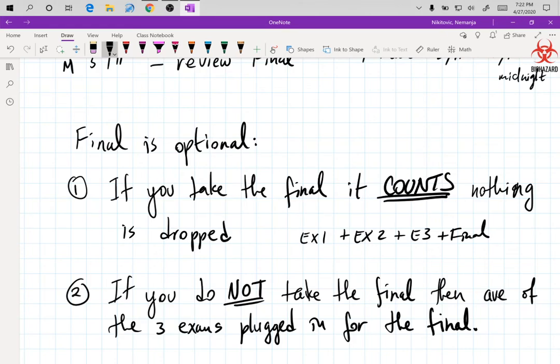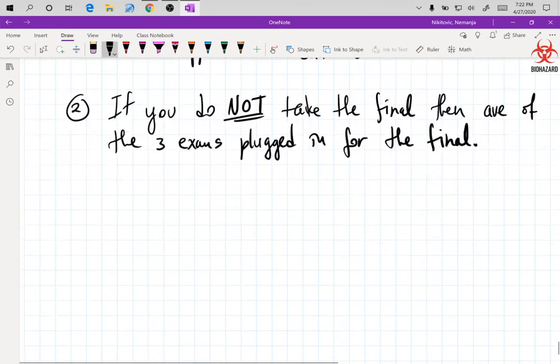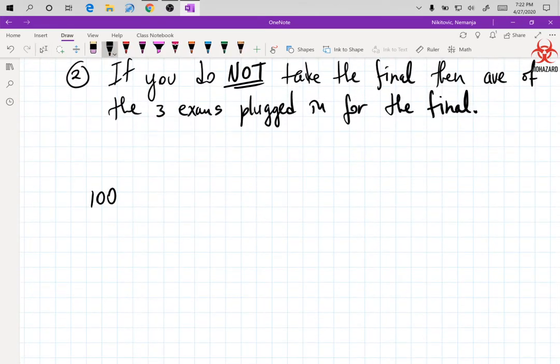You have to multiply them by the percent and divide by the percent. So if you have 100 on the first exam, 80 on the second, and 40 on the third exam, this one is times 10%. This one is times, what was it? I don't know. I'm just going to put whatever percent, 15%, I don't know, and times 20%. It's a weighted average.